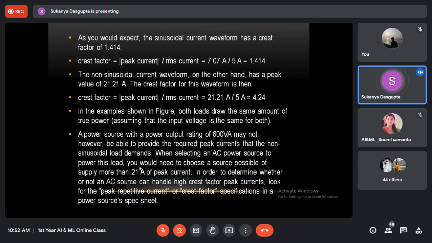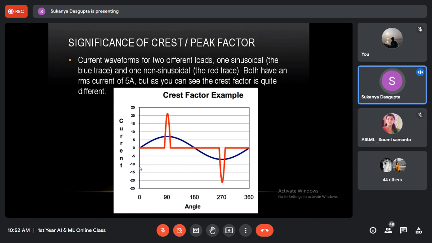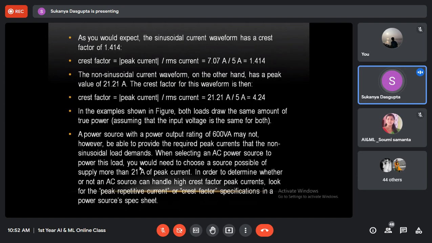So crest factor for the sinusoidal one is 1.41, and for the non-sinusoidal current, it is 4.24. That means crest factors are different. Though it is the ratio of the peak current by the RMS current, and the two signals have the same RMS current, since the peak currents are changing, the crest factor is also changing.